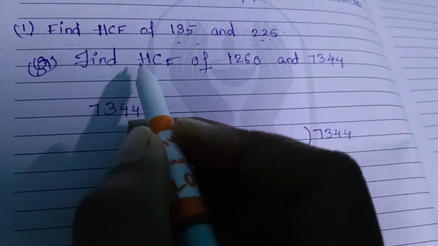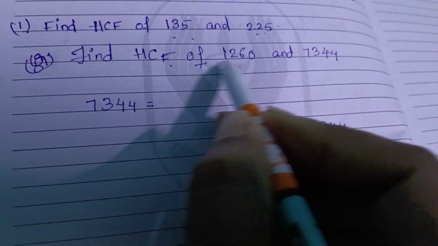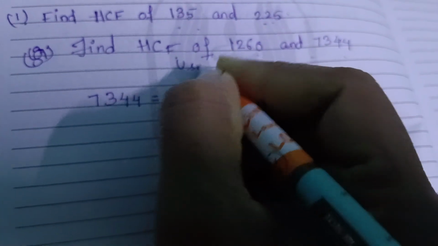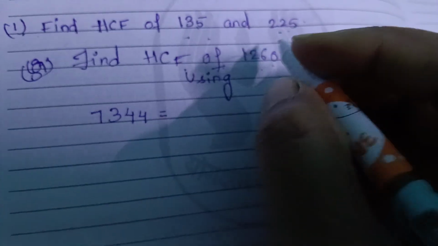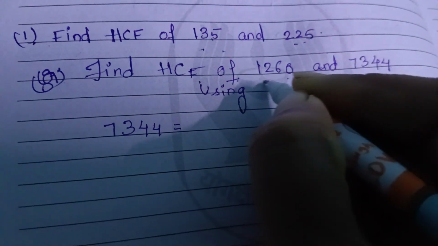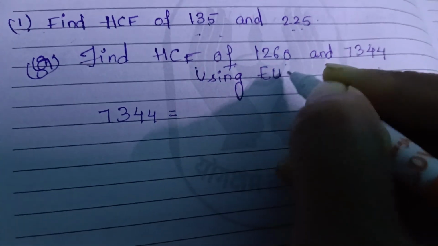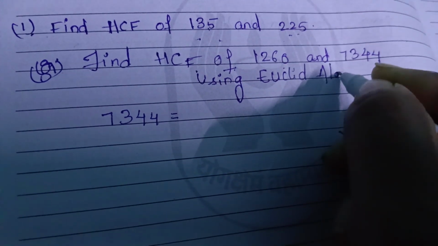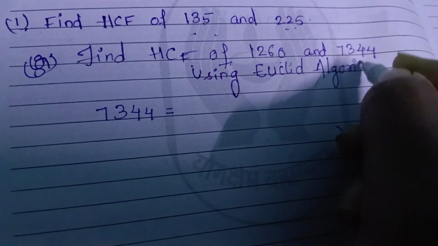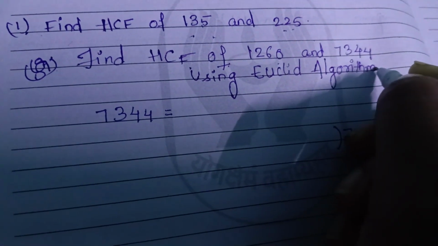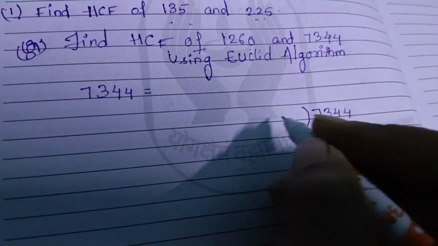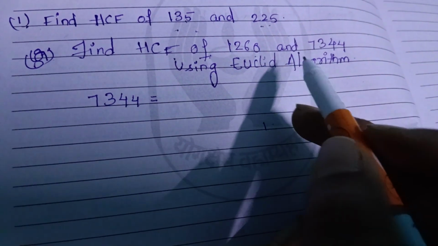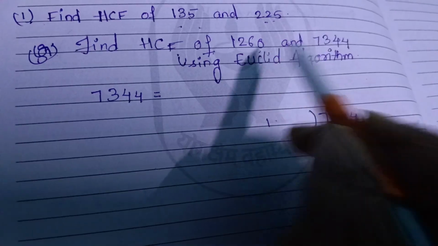We are finding the HCF of 1260 and 7344 using which process? Euclid's algorithm. I have already discussed Euclid's algorithm in the previous class. The first thing is we should divide the largest number by the small number, right?